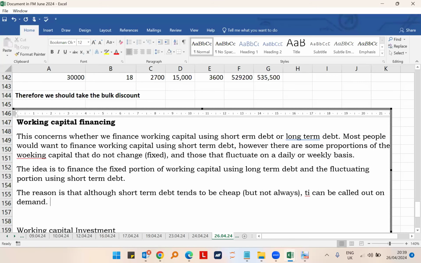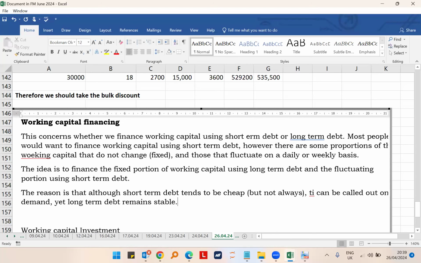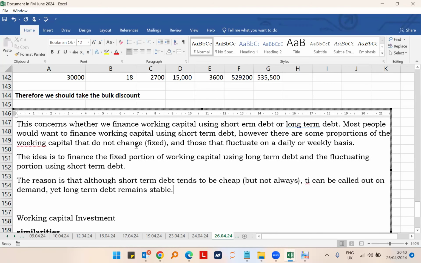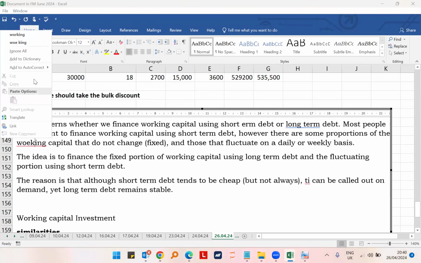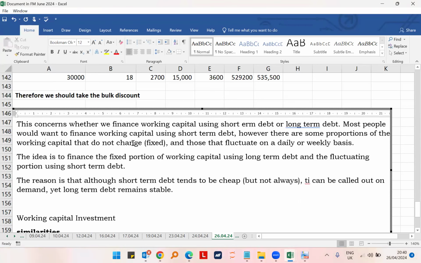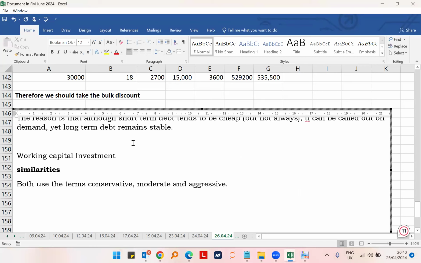Okay. Yet long-term debt remains stable. So now that is working capital financing.